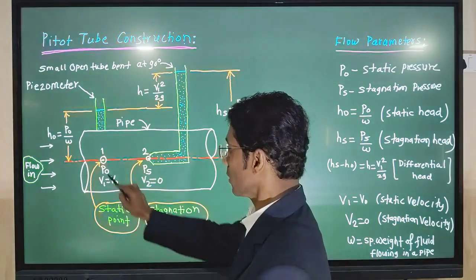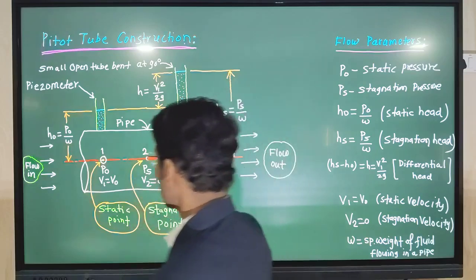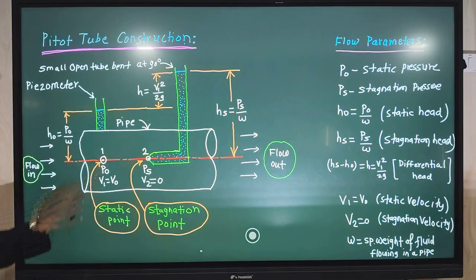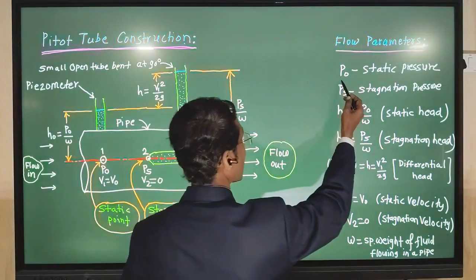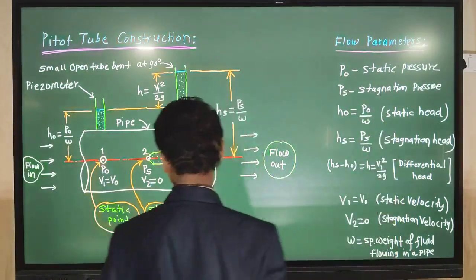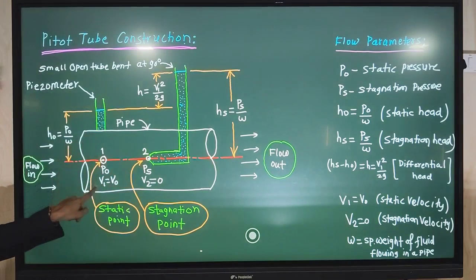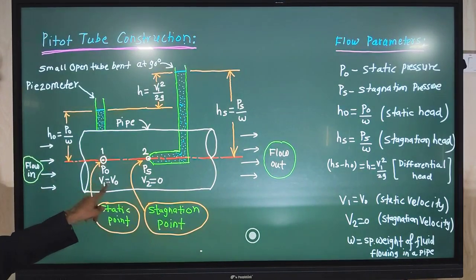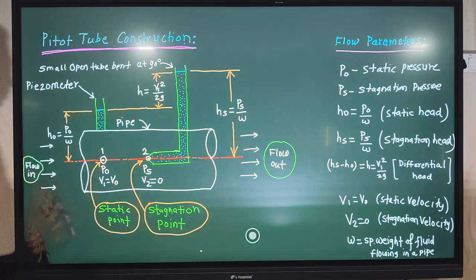Here the flow is flowing, so the pressure at this point is called the static pressure. It is denoted by the letter P0 as the static pressure. The velocity of the fluid at point number 1 we call V1 equal to V0. The 0 we use for static.